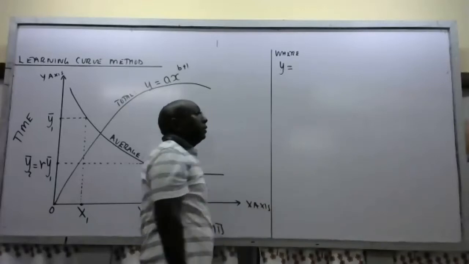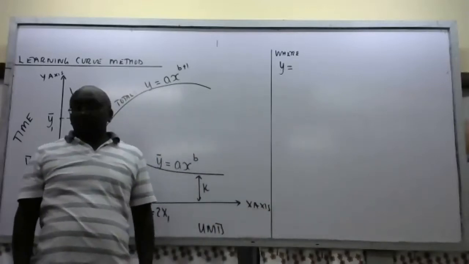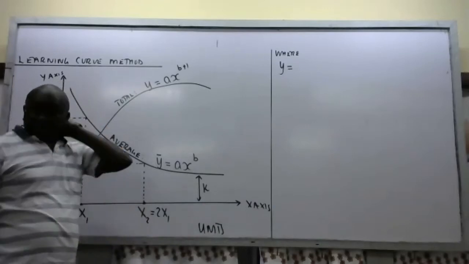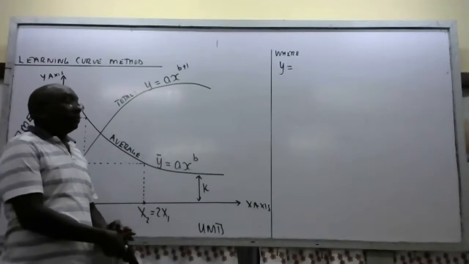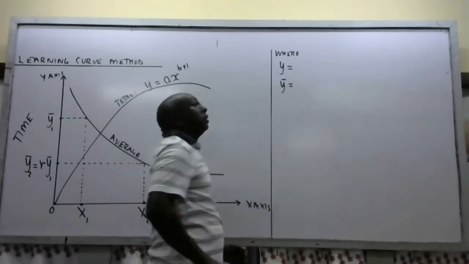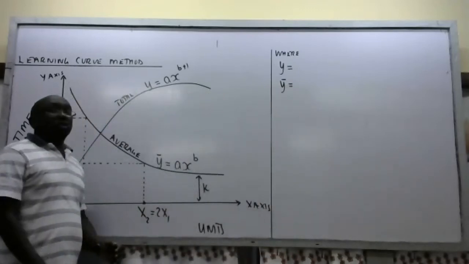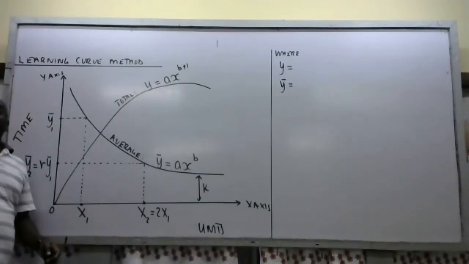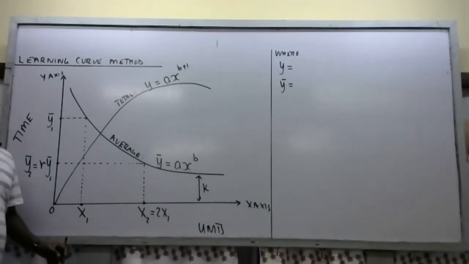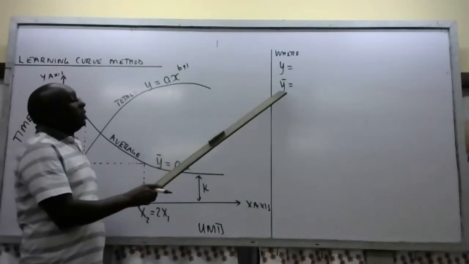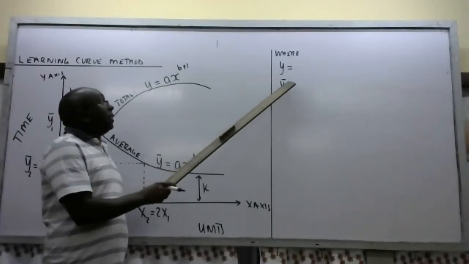Where y equals total time, y bar equals average time. Now, you can see the way y is written here: this one has a bar, and this one does not.